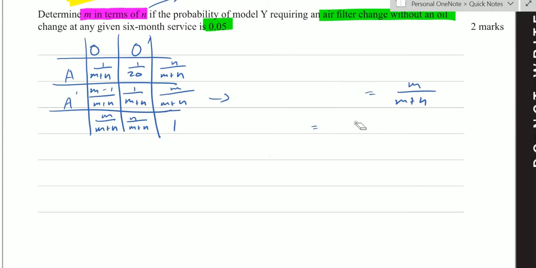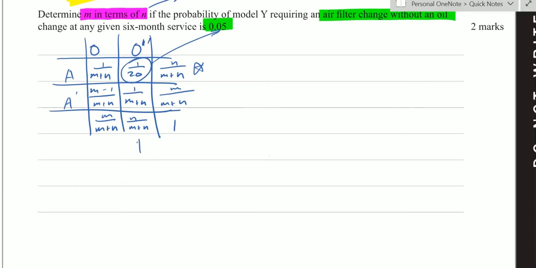So make sure you use one of the rows or columns that has the number that they gave you in it. This number is not that one, by the way. So you could use this one or you could use this one. I chose to use this one, but they're both the same.